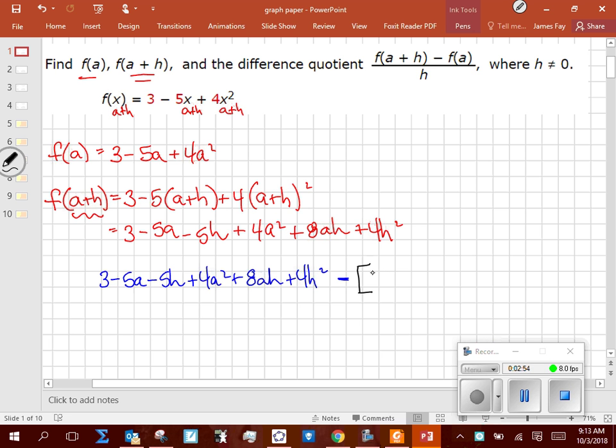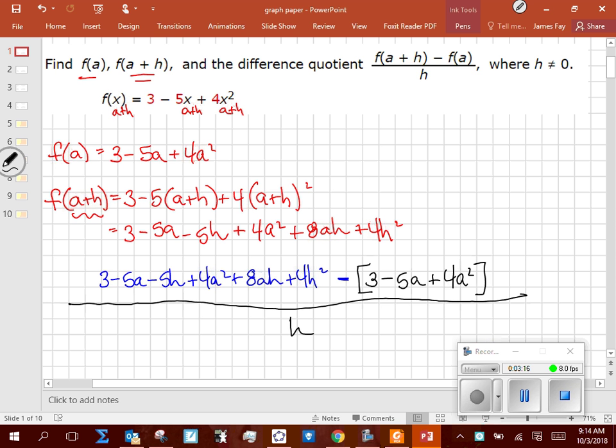Especially when you get to calculus, you're going to want to be deliberate about this. You're not going to want to try to do things in your head. I think you're going to want to write it down first. So I'm going to subtract then that difference. And remember, this is all over h.